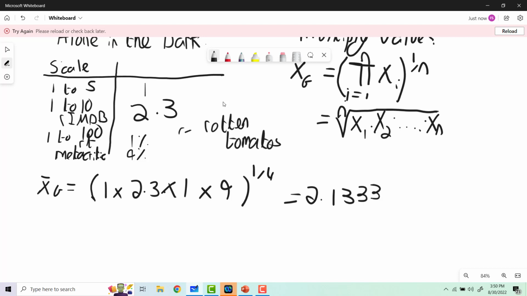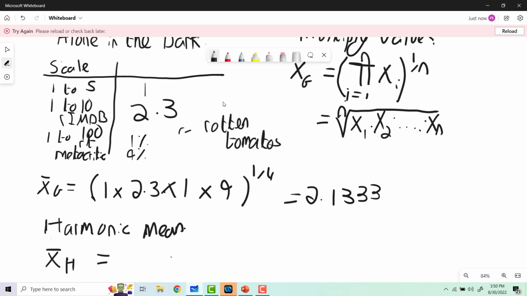Okay, and my next little mean is the harmonic mean. I'm going to call it x bar h.